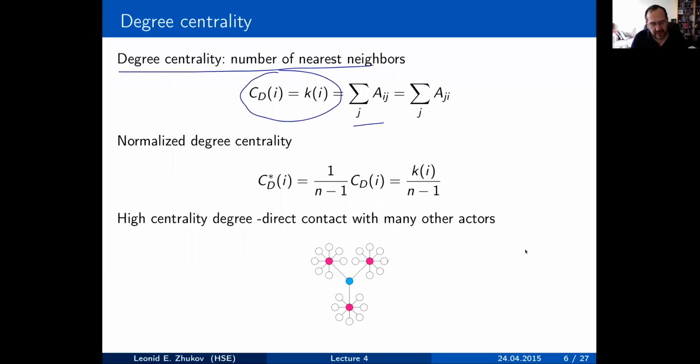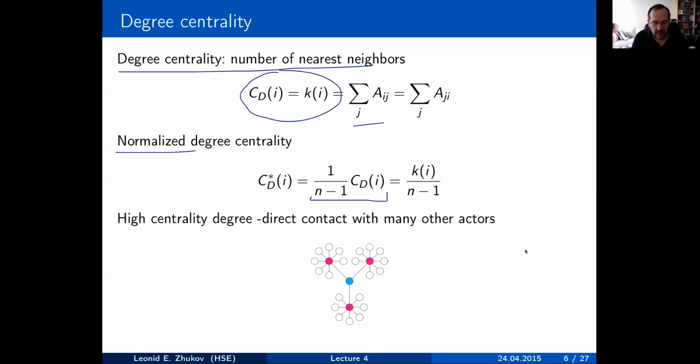So it is convenient to introduce what's called the normalized node degree, or another way to put it, a node degree that is scaled to be between 0 and 1.